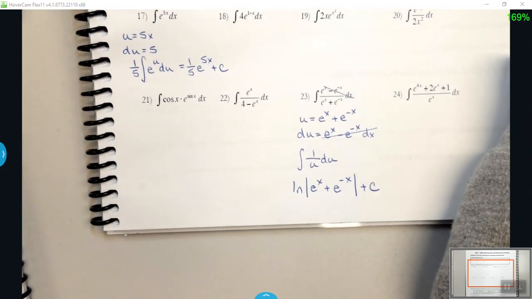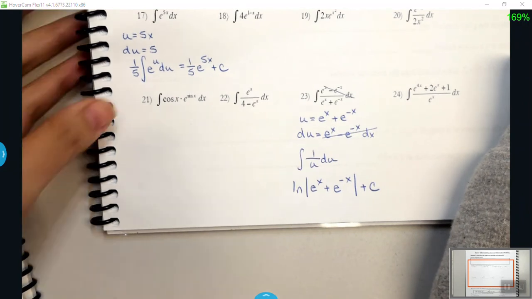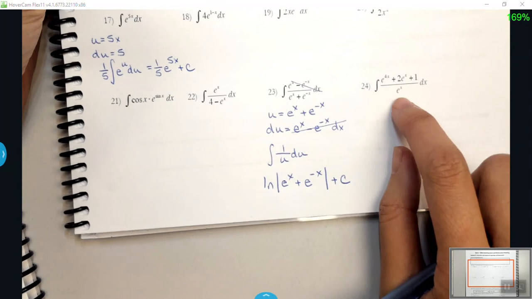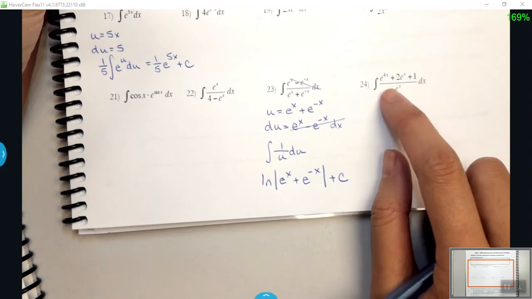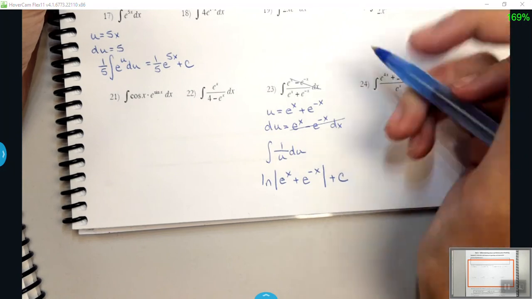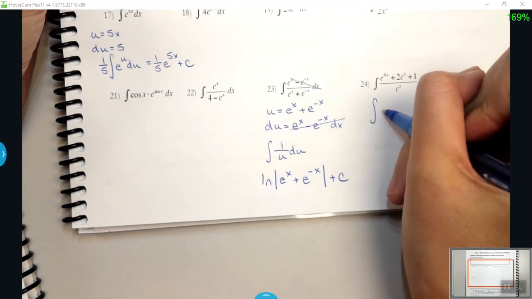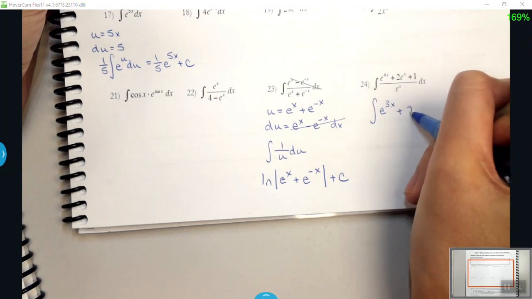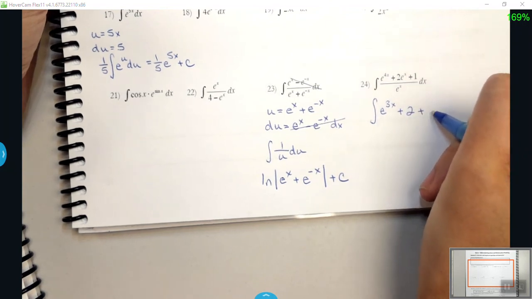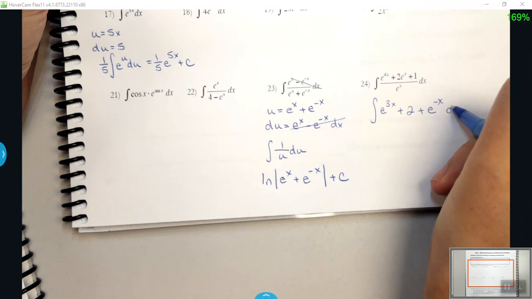All right. And what else did you want to do? 24. See how you had 1 e to the x in the denominator? Distribute it to each one. So it becomes e to the 3x plus 2 plus e to the negative x.